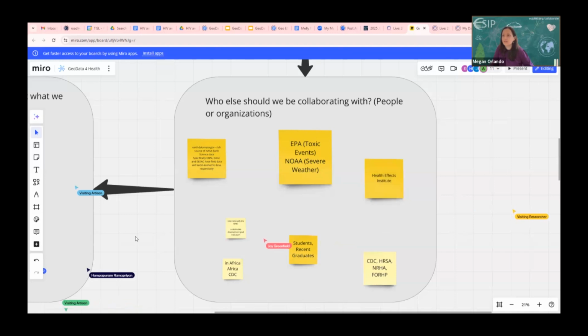I was thinking we could do this later, but I wonder if now, as folks are putting sticky notes here, you could indicate, to the extent you know the answer, who we should be trying to get in on the conversation now, versus connections we just want to make sure we establish at some point as our goals get clearer.